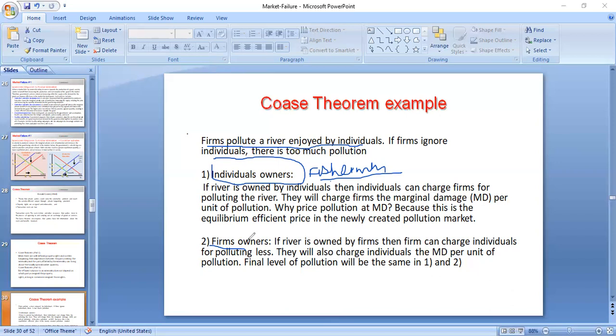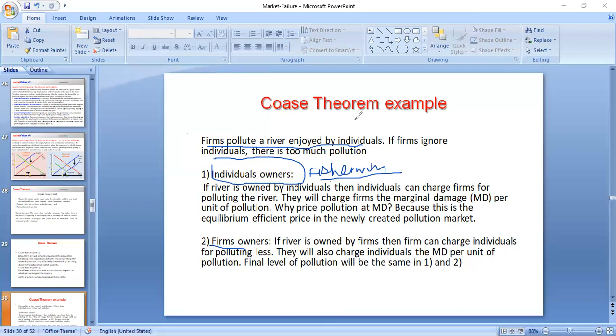And he said that regardless of who is assigned these property rights, the outcome would be efficient.